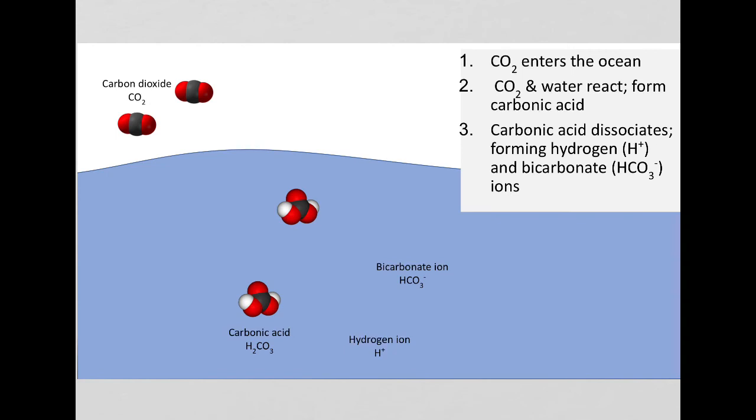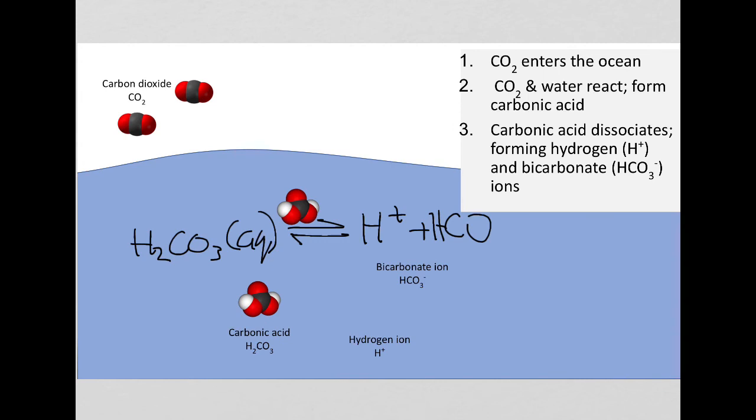Lastly, we have our carbonic acid. Again, equilibrium's at play, which when this is put into water or is in water is going to dissociate, making our different ions here.